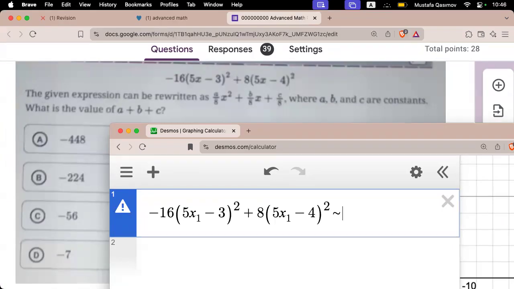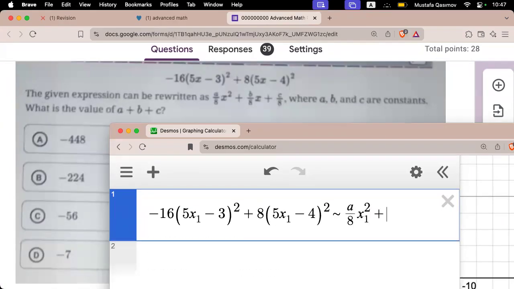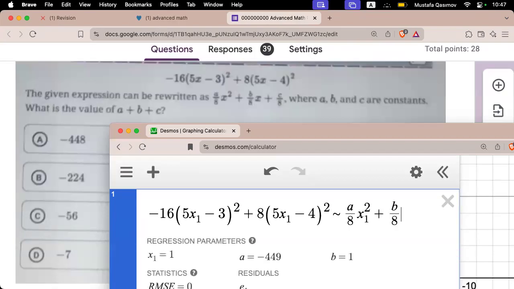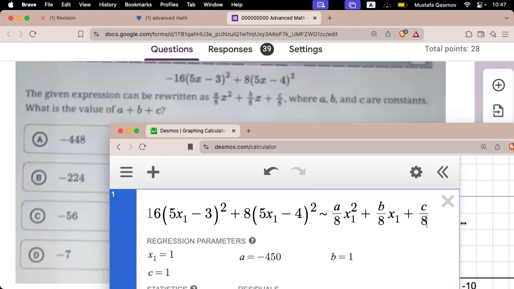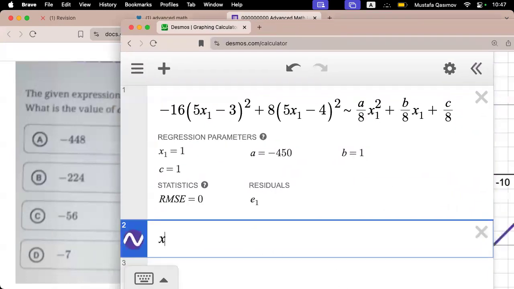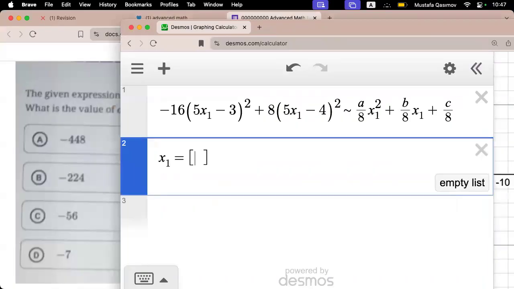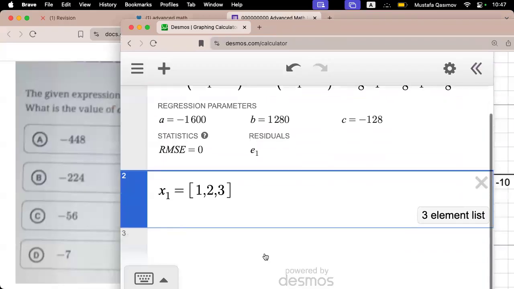Then a over 8 x1 square plus b over 8 x1 and c over 8. I will also show this method. Then you have to write x1 is equal to 1, 2, 3. Then you will get value of a, b, c.